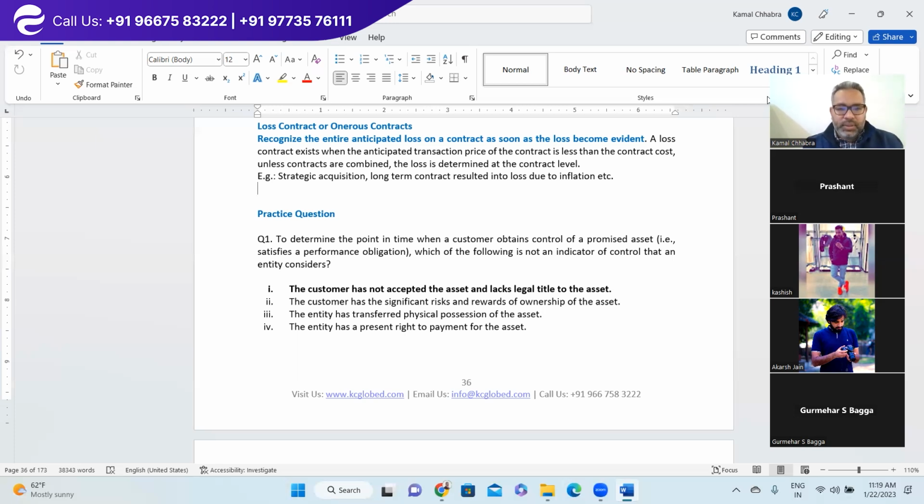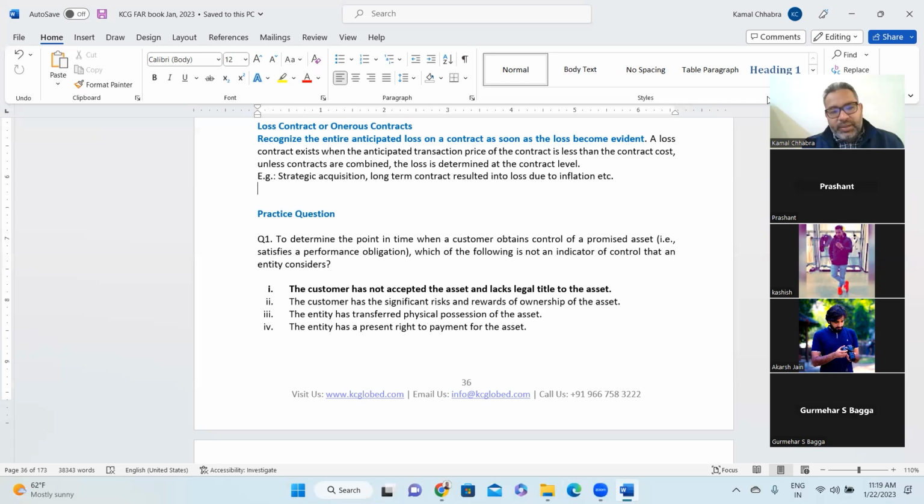First is the customer has not accepted the asset and lacks legal title to the asset. Second is the customer has significant risk and reward of ownership of the asset. Third is the entity has transferred physical possession of the asset. Fourth, the entity has a present right to payment for the asset. Which one is not an indicator?